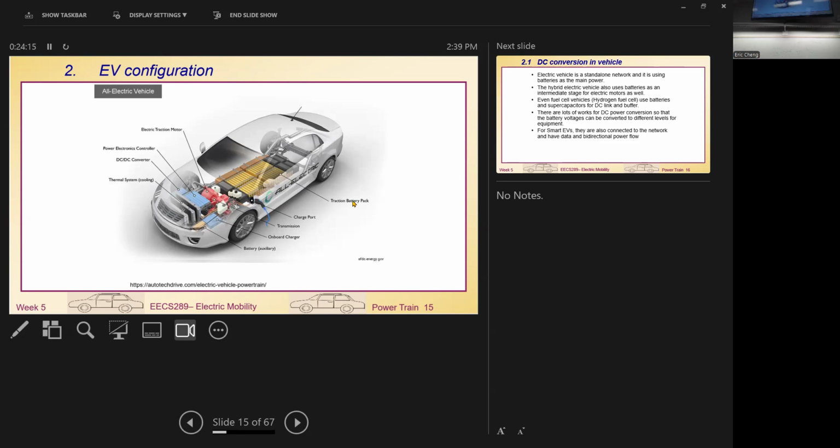This battery mainly provides the basic operations, like the computer, wiper, lighting, this kind of thing. They separate them into two different places mainly for safety, and also we try to maintain a constant 12 volts to provide all the basic control systems for the vehicle.